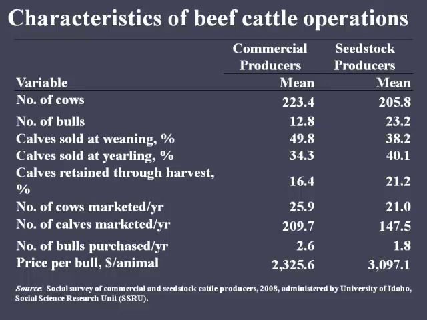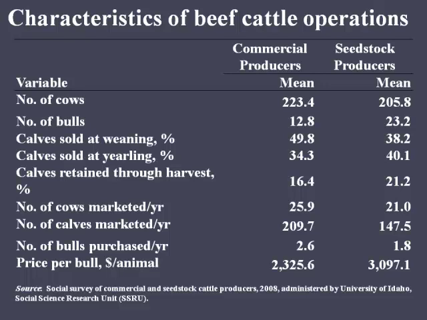So getting down into details of the operations that we were working with in this data set. Average number of cows, commercial, 223. For seed stock producers, 205. Average number of bulls, 12, 13 for commercial, 23 for seed stock producers.